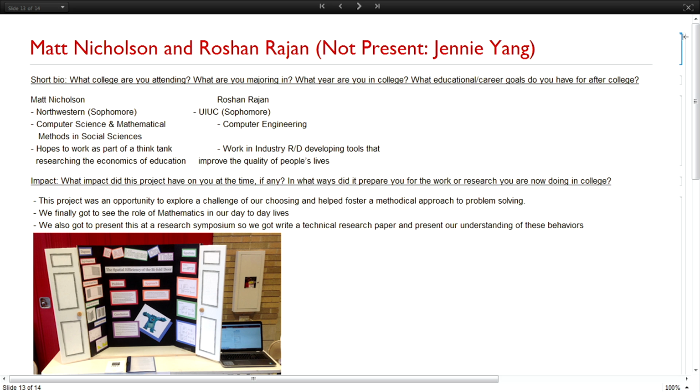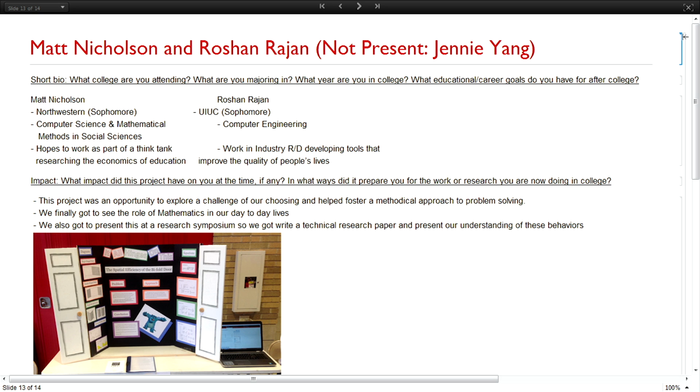Also, not present right here is our third team member who worked on this, Jenny Yang. It's definitely worth mentioning that she was a contributor to this project. In terms of impact, working in this course with Mathematica was my first intro into a programming language, and I found it really cool what you could do with the capabilities of Wolfram, and that made me want to explore it further.